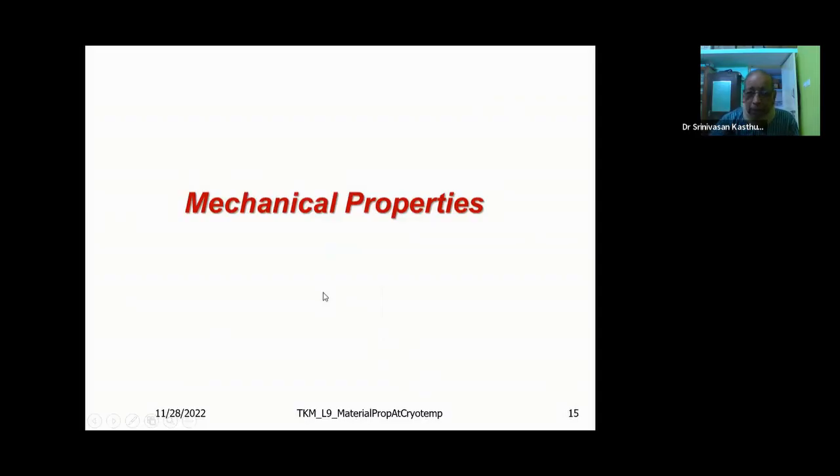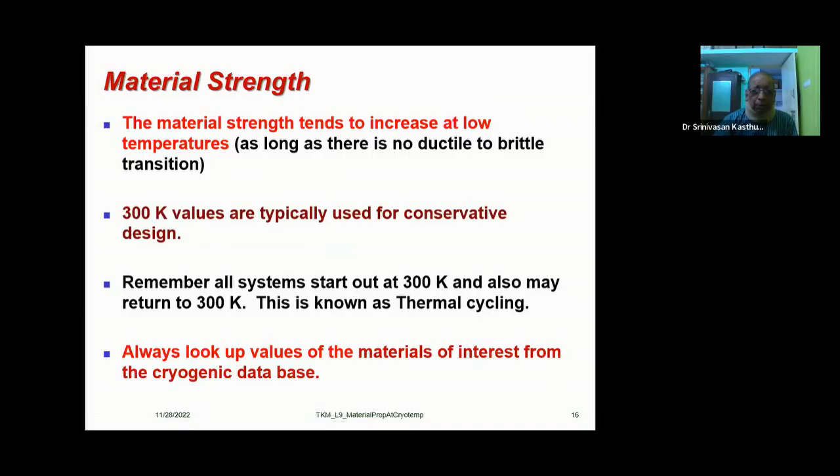Okay, let's look at the mechanical properties. The material strength tends to increase at low temperatures, as long as there is no ductile to brittle transition. But still, in design, what people normally do is use the 300K values, for a conservative design, because it is a slightly smaller value.